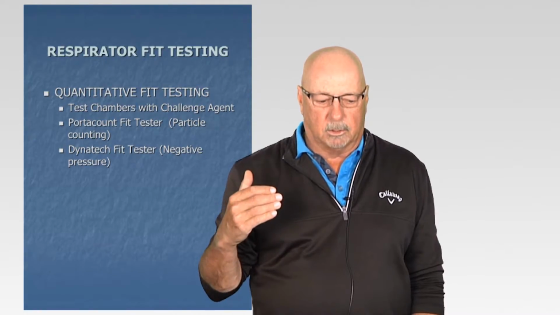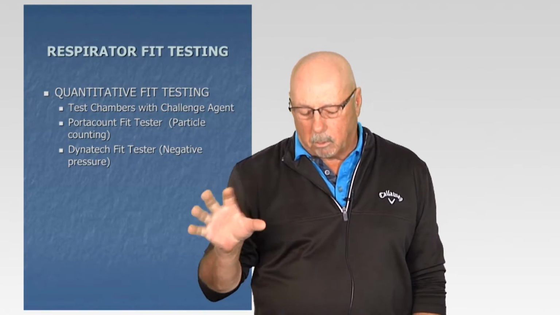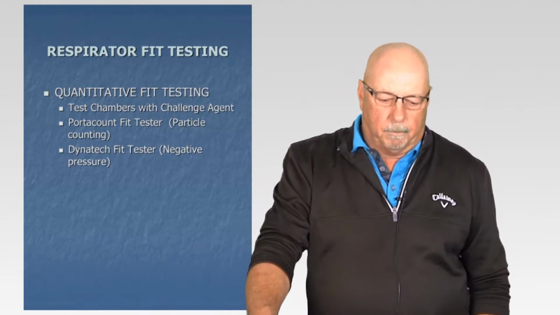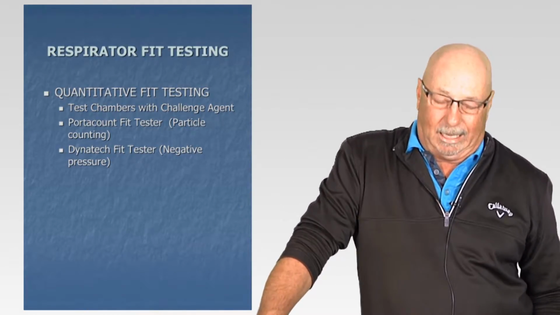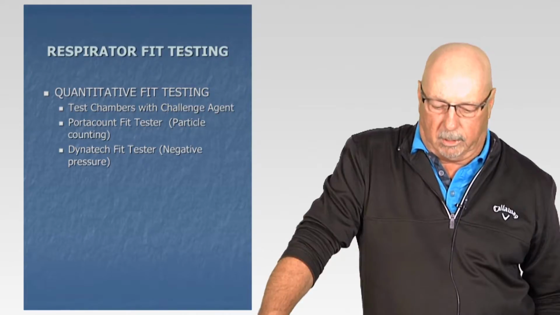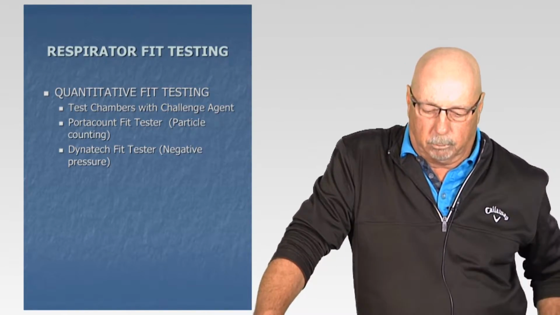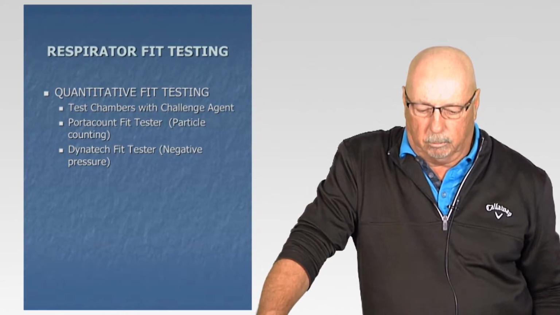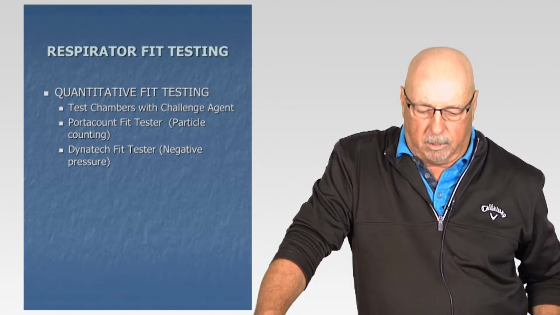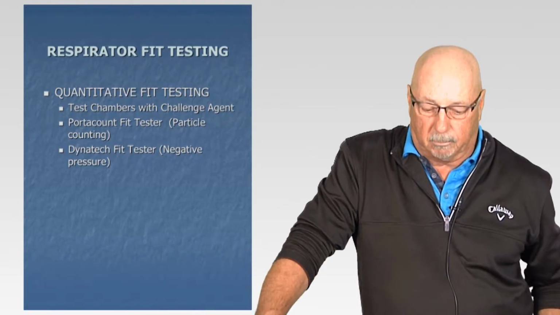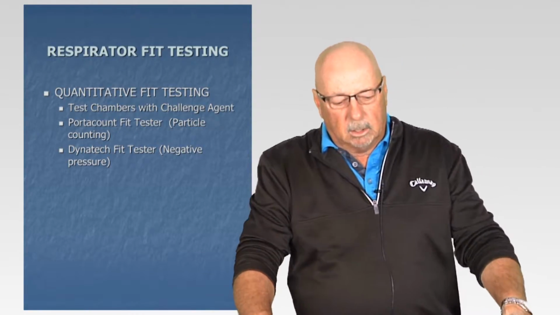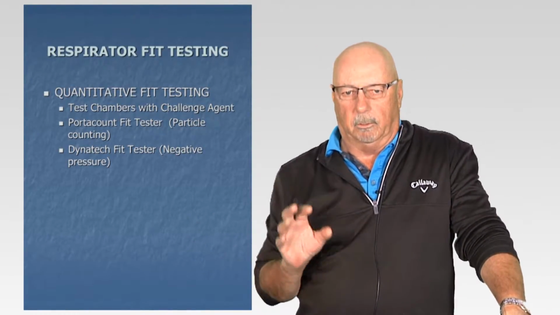And if the particles exceed a certain level that is programmed in your instrument, then that's an indication that you've got leakage and you don't have an adequate fit, and you need to adjust the respirator to improve your fit until you reach a level where it has been established to be an acceptable fit. So we use particle counting to do that technique.